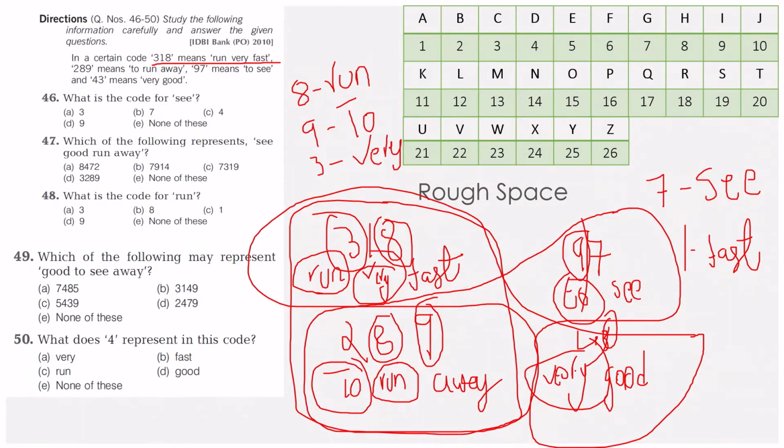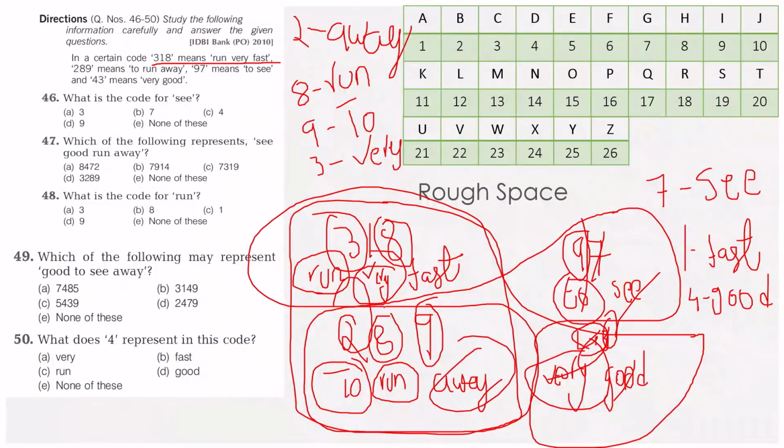And here 3 is eliminated and very is eliminated. So 4 stands for good. The next one, 7C4 good. 2 stands for away, as they give. I think and I hope we got everything.